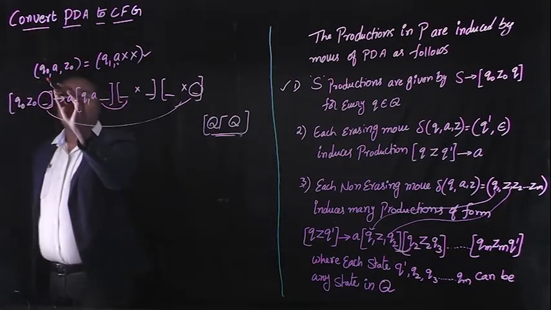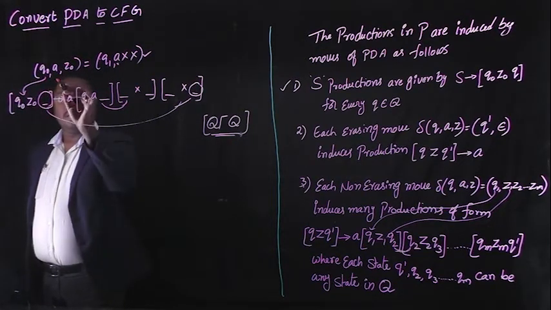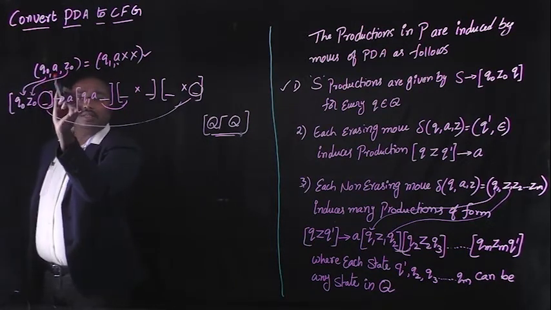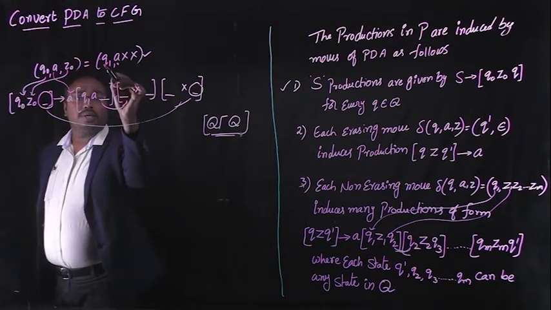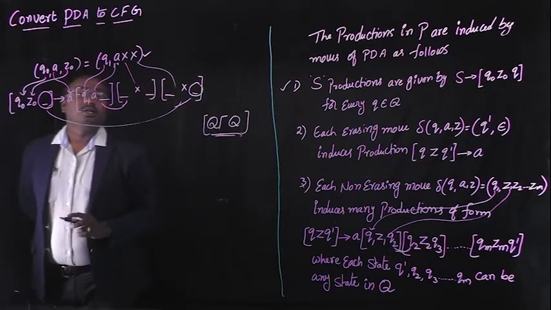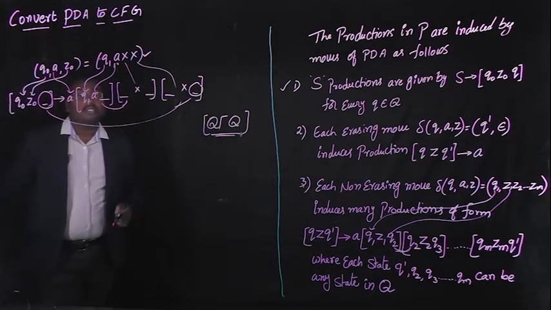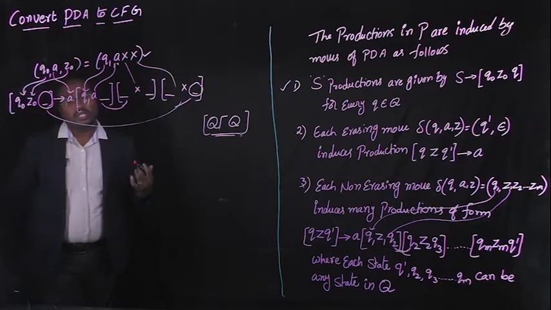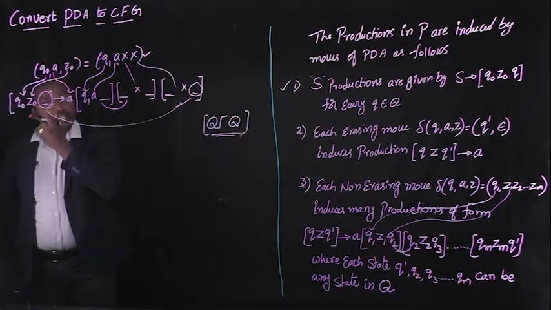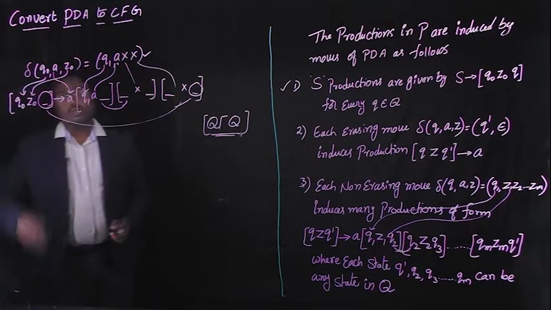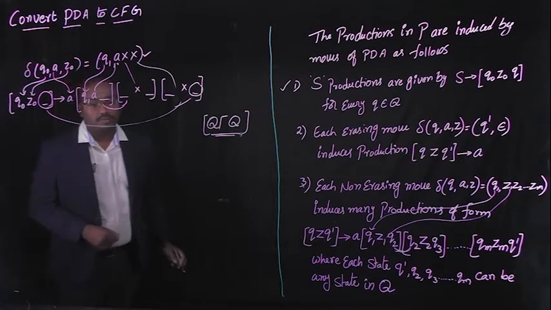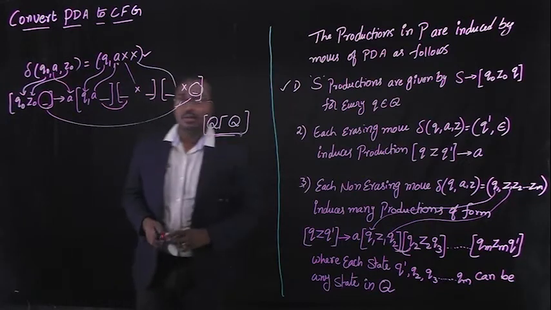So q naught will come here, this is the stack symbol, A comes here and q1 here, and these are the A, X and X. Like this we can write different types of productions, more than 2, 3 and so on, based on the transition functions. So we can write the productions from the transition functions. Then we can solve the problems.